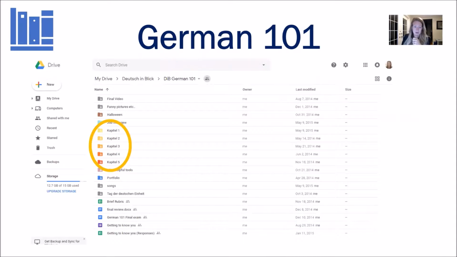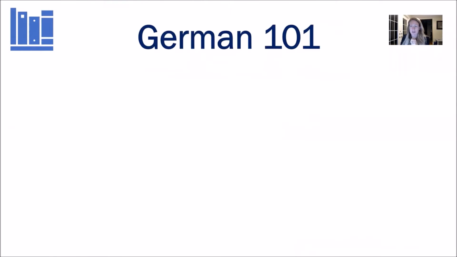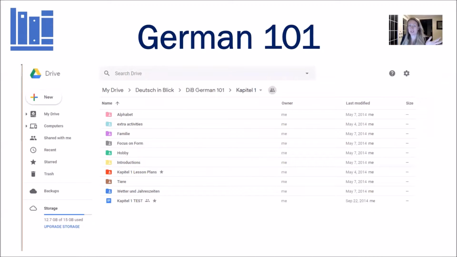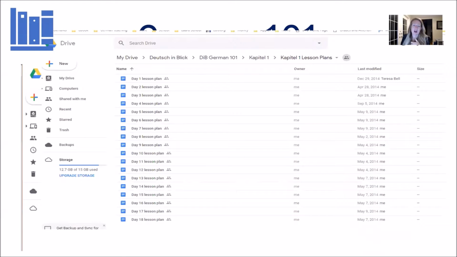So what I ended up doing is I created 5 chapters, and each chapter has different topics, and we took these topics from the 21st century skills and from the proficiency scales. And then in each chapter, there are daily lesson plans.